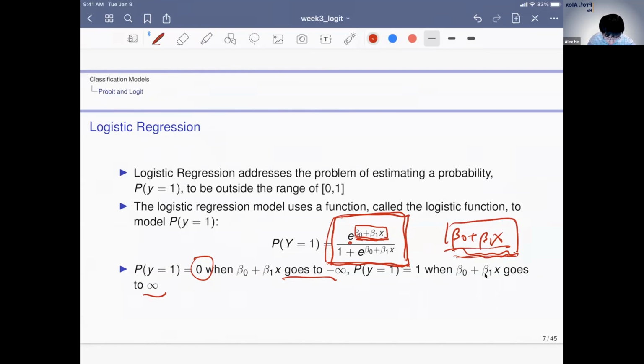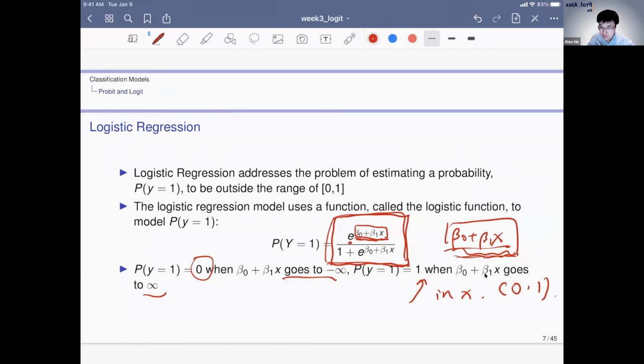And this function is also monotonic in x, right? It's increasing in x. When x gets bigger, the numerator gets bigger, and the numerator divided by 1 plus the numerator also gets bigger.